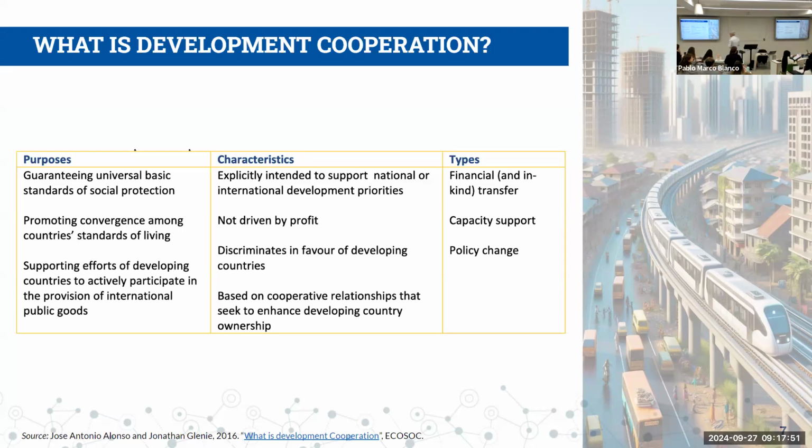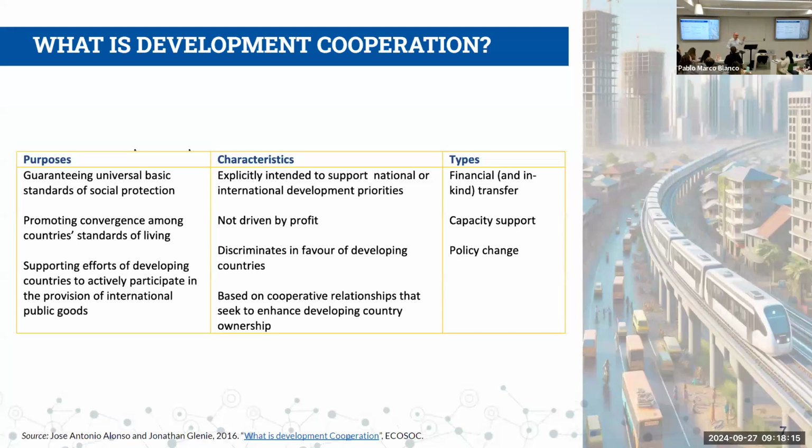So what is international development cooperation? This is something you have already heard about. Its purposes are about guaranteeing universal basic standards for social protection. We talk about basic welfare, if you remember. Convergence of countries' standards of living or economic development. And also provision of international public goods.